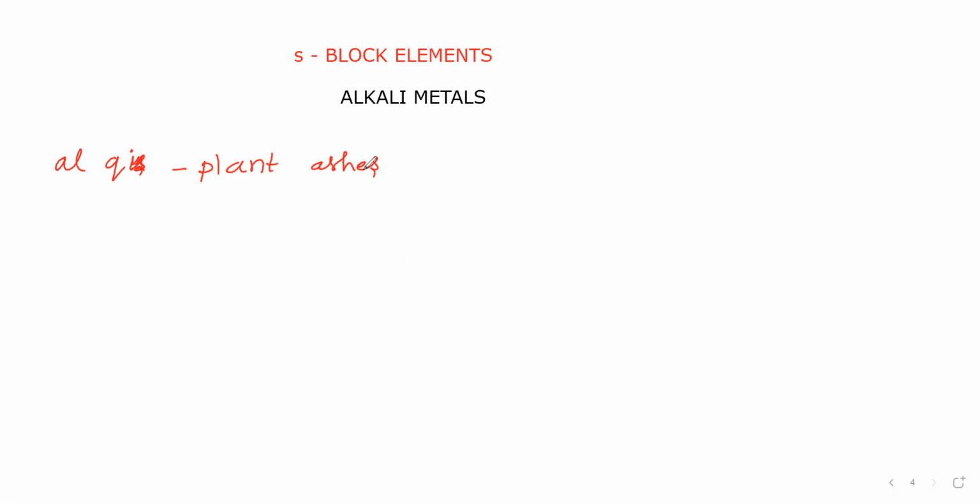What is the meaning of plant ash? Why is this word used for alkali metals? Plant ash is particularly rich in the carbonates of sodium and potassium. Therefore, the word alkali metals is given for these metals: lithium, sodium, potassium, rubidium, cesium, francium.